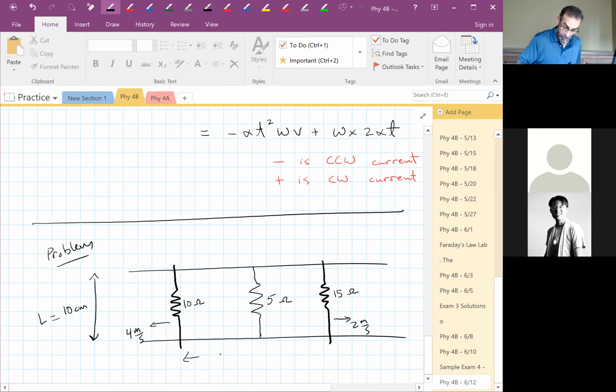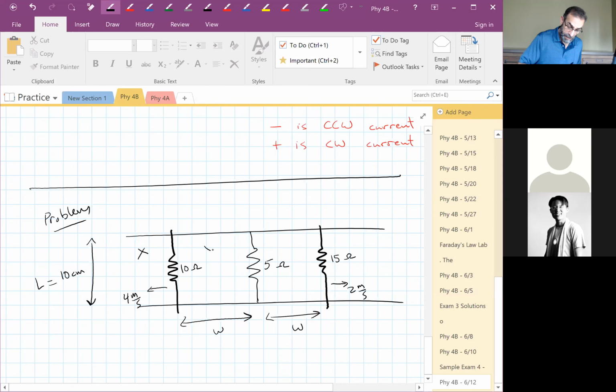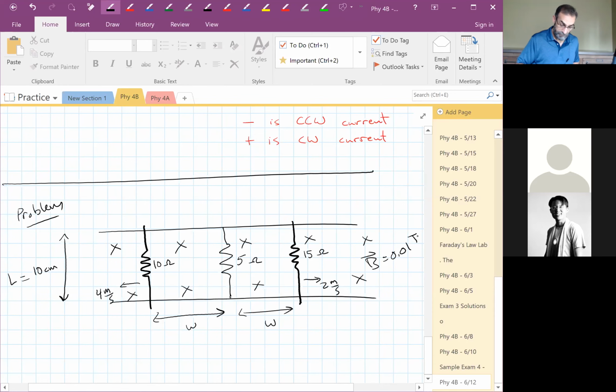Let this be W. And we need a magnetic field, don't we? B will be into the page. And it will be 0.01 Tesla.